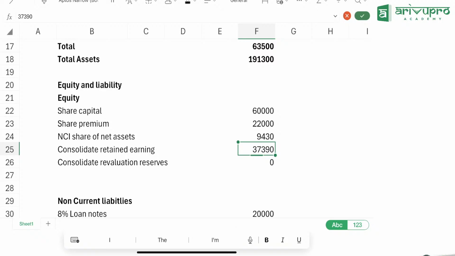But for FR purpose, no. Now basically you take parent's separate, NCI separate. How can you set off two different people's listing? Two different owners. So technically what will happen? Parent's goodwill 10,000, NCI minus 2,000, parent's goodwill 40,000. As parent you are original. Yes, correct. So logically you can't, that is not how we do it.